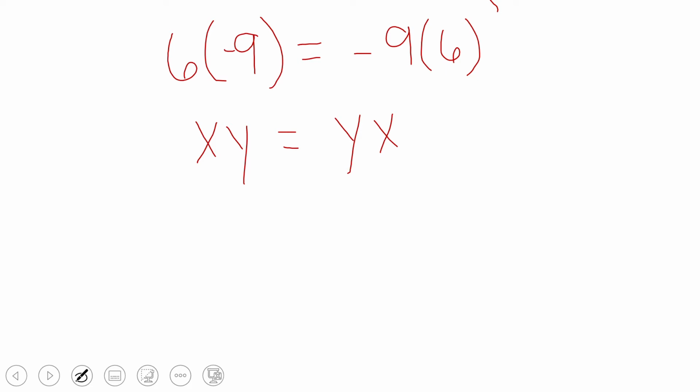In example 2, on page 52, we see that we are to use the associative property to write an equivalent expression. Example 2a, we're given negative 7 times 8 all times 4.